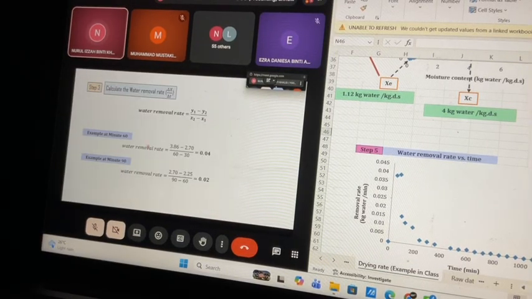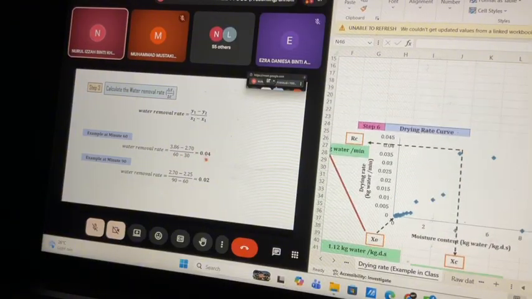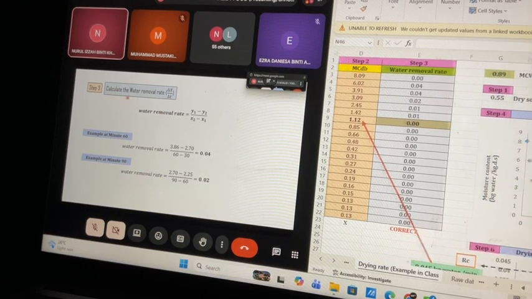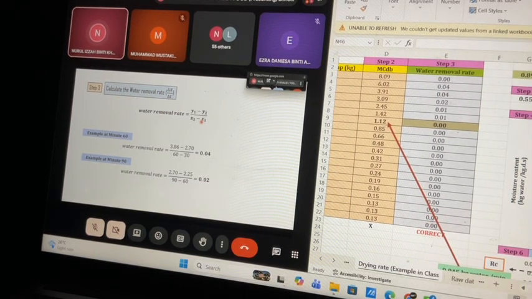That's why you get this answer. Okay, I repeat again. For step 3, you want to calculate the water removal rate, and to calculate it you use this formula.